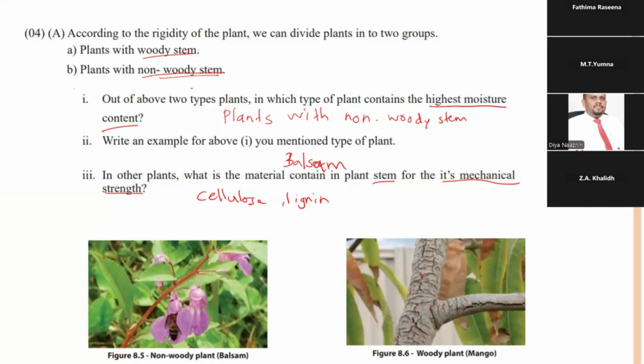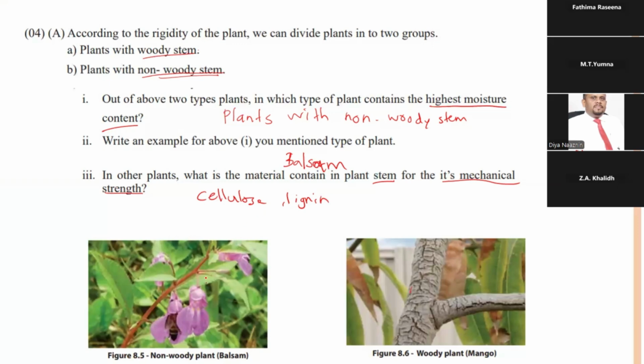They have a high amount of cellulose and lignin that gives support and strength for the stem to be erect. But if you go through a balsam plant, it can't be erect. It is not that strong and will break and shrink if you try to pinch it. You can quickly pluck and break them because they don't have strong materials like cellulose and lignin.